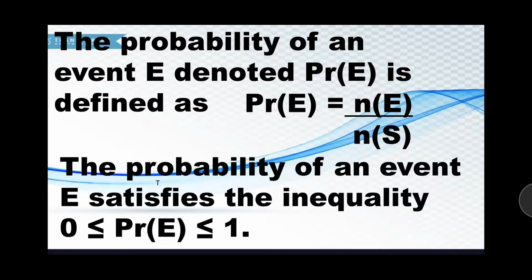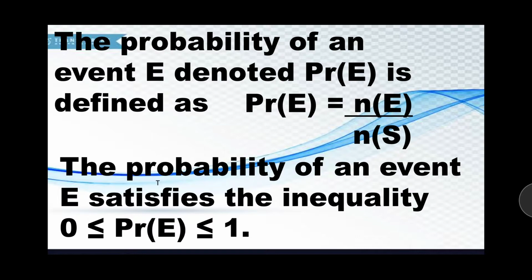Now, we need to take note that probability ranges from 0 to 1. That's why we have that inequality that you have on the screen right now. It means we cannot have a negative value for a probability, and we cannot have a value that is greater than 1.